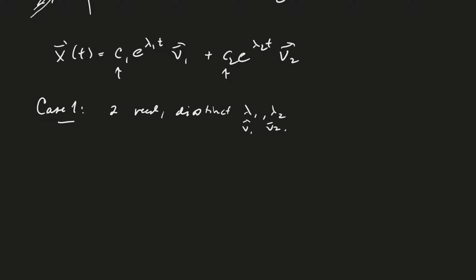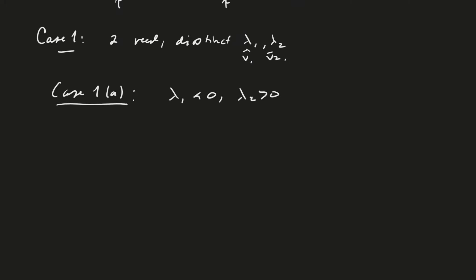And so case 1a, we can say, is let's say lambda 1 is negative and lambda 2 is positive. You could do it the other way too, but that's just one way to look at it. Okay, and so just for specificity, let's say that lambda 1 is minus 2 and lambda 2 is positive 2.